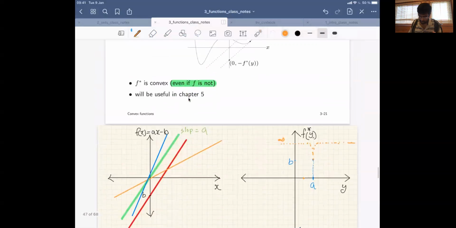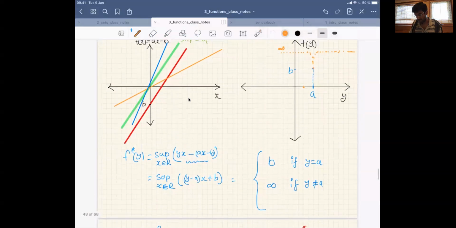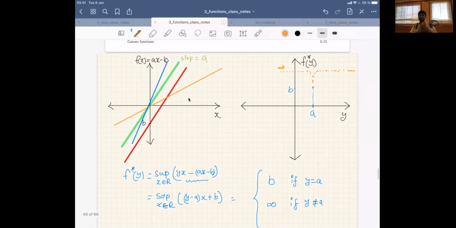So yeah, let's take another example. You may wonder why this is important, but this is an important concept that we will see later. We will just mention an important aspect here now, but in the coming lectures, this concept is very much used.